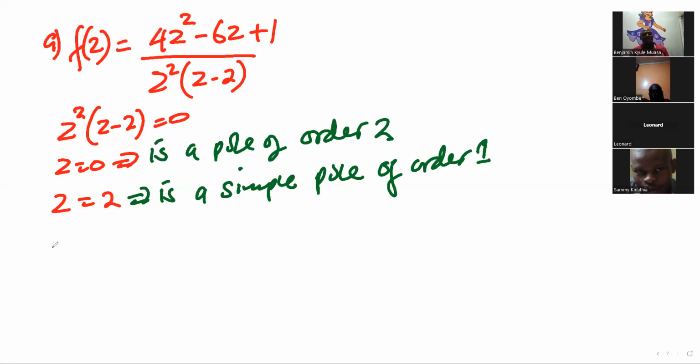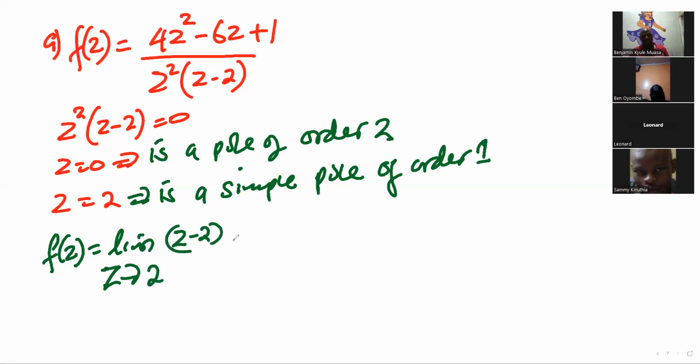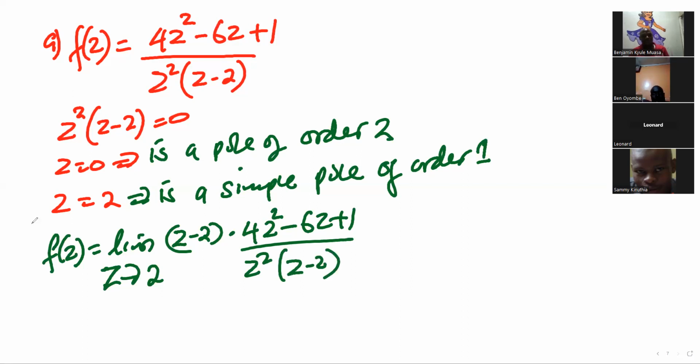You just write the residue at 2 is equal to the limit as z approaches 2 of z minus 2 times f(z). Then f(z) is 4z squared minus 6z plus 1 divided by z squared, times z minus 2. So you can see that in this one, it just cancels out.